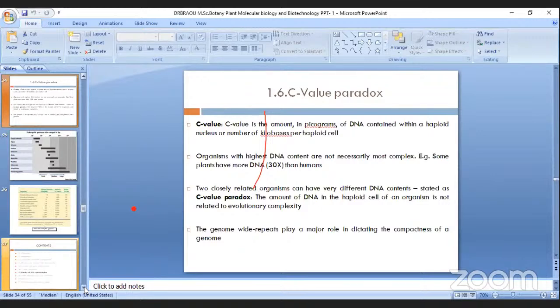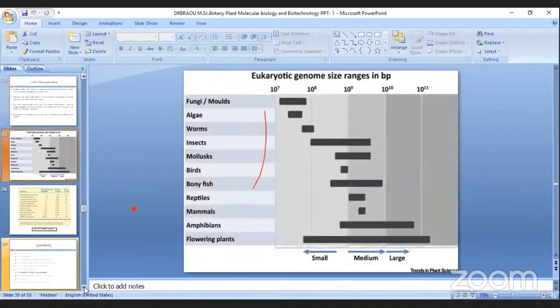The genome-wide repeats play a major role in determining the compactness of a genome. Here you can see the eukaryotic genome sizes. They have different sizes, so the size doesn't mean the organisms are less or more complex.